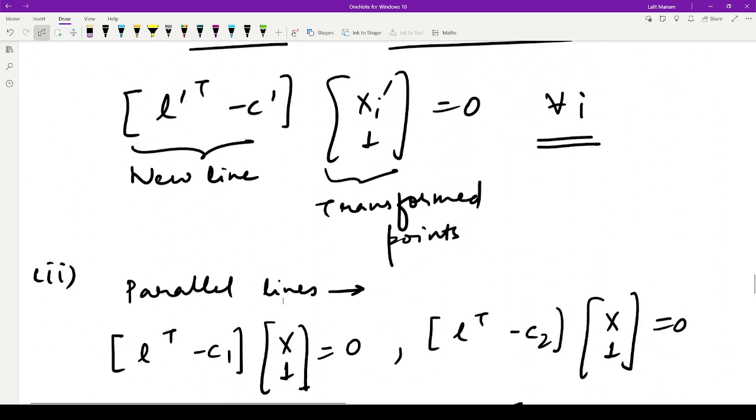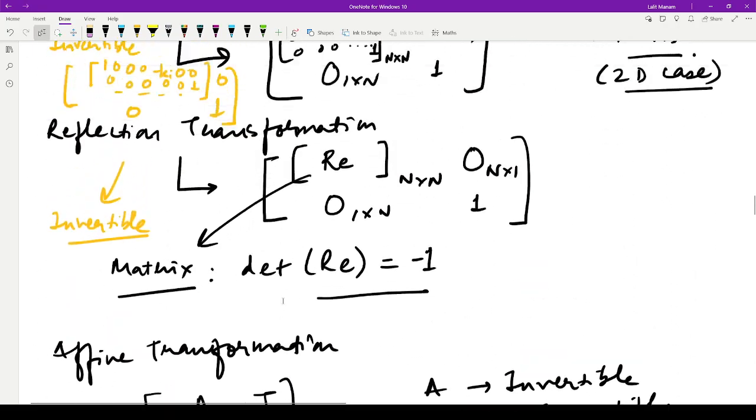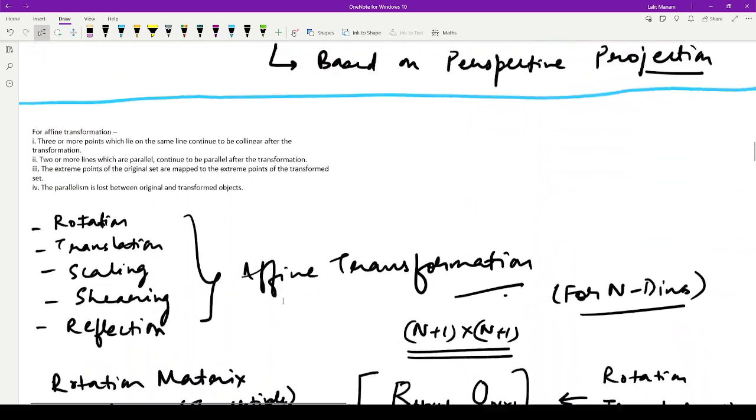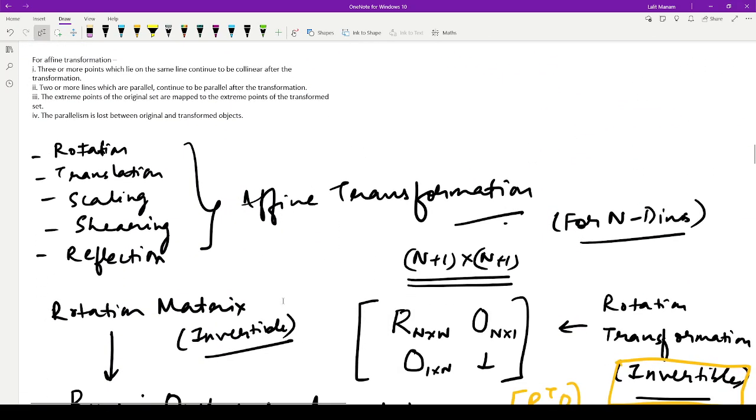Okay, so this is the third part, and the last part of it is: the parallelism is lost between the original and transformed object, yes or no? We already solved this, right? In part 2 we saw that parallel lines remain parallel.